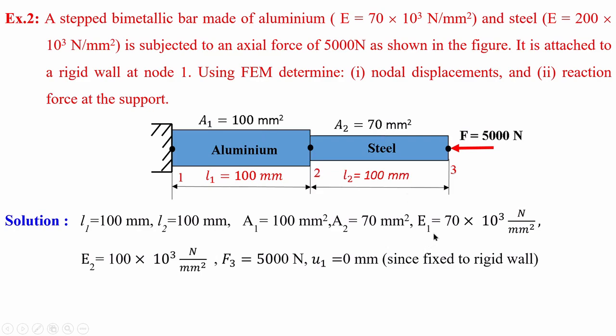Young modulus for aluminum is 70 into 10 raised to 3 Newton per millimeter square. Young modulus for steel is 200 into 10 raised to 3 Newton per millimeter square. F3, the force acting at node 3, is 5000 Newton acting towards left, and U1, displacement at node 1, is equal to 0 since it is attached to the rigid wall.